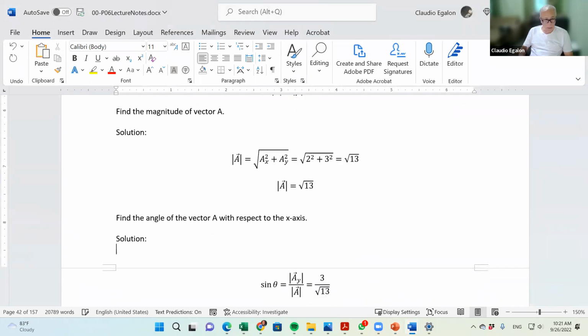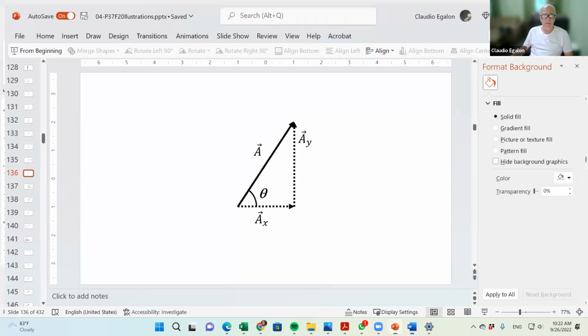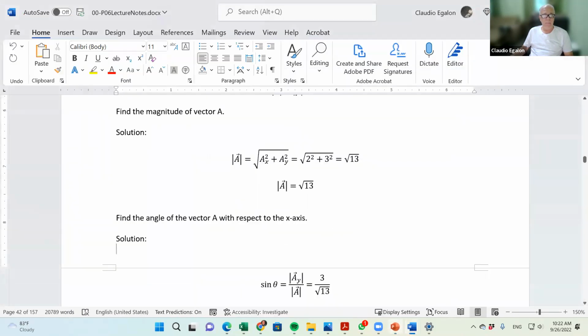Solution. It can be not only tangent, but you can also write it in terms of the sine, right? You know, AY, this length divided by this length is going to be also equal to sine. I did that in terms of sine instead of tangent.